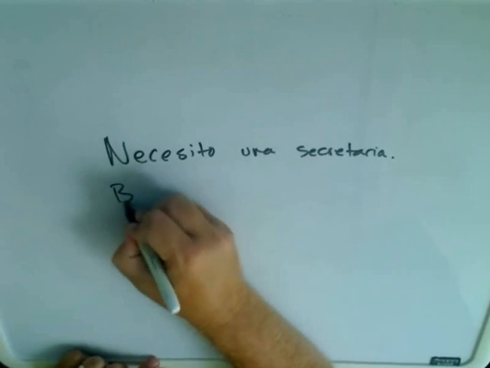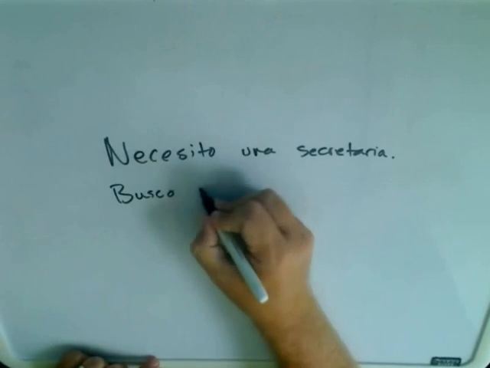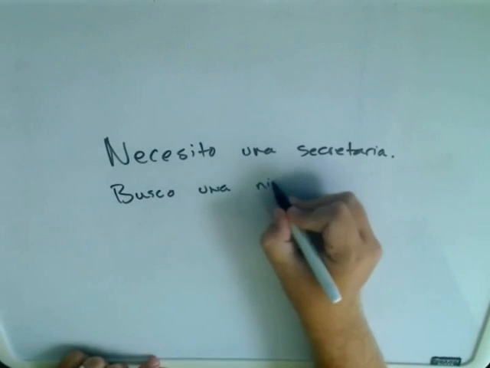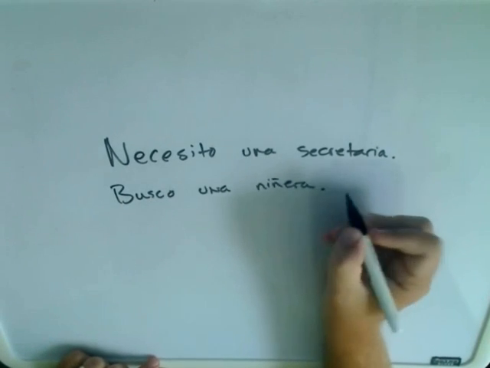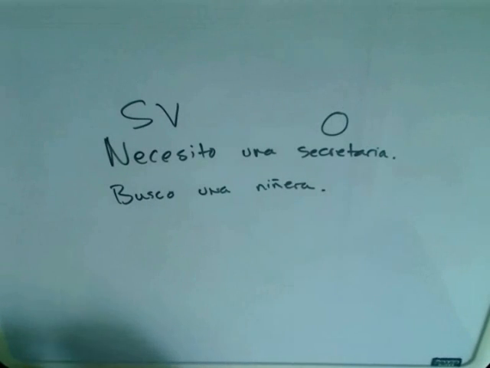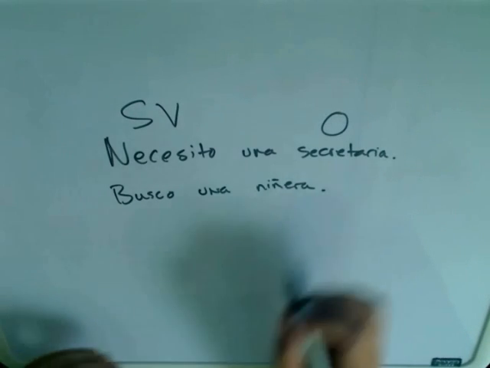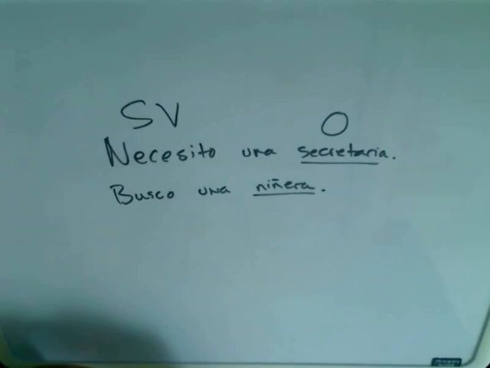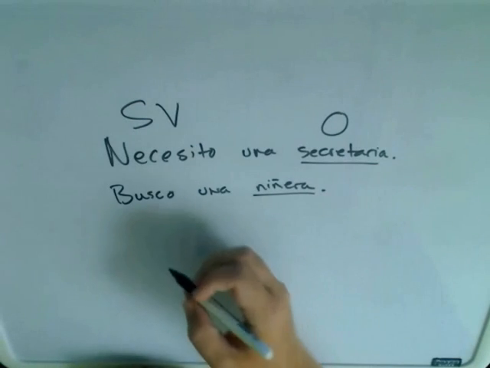Or I'm looking for a babysitter. Busco una niñera. We're still doing the subject, verb, object syntactic arrangement, right? But since these people are non-specific, indefinite persons, we don't have the a personal. Just like we wouldn't if they were objects, right?